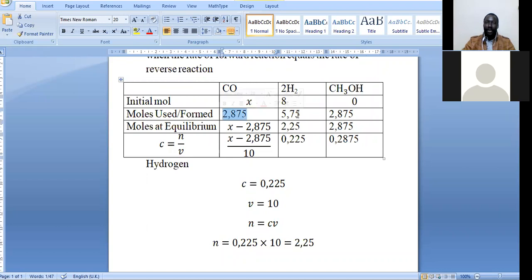Now, the first thing we did was to find the number of moles of hydrogen used. We did that by multiplying the concentration of the hydrogen by the volume, and we got 2.25.